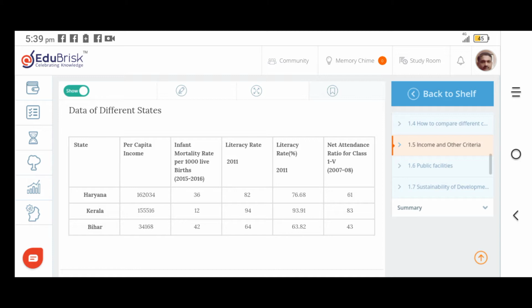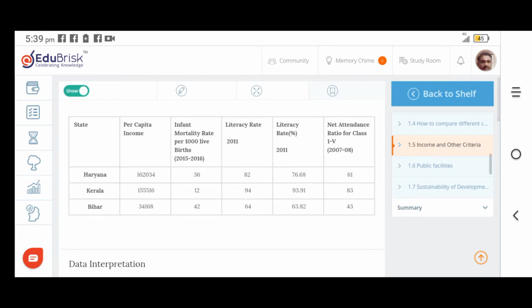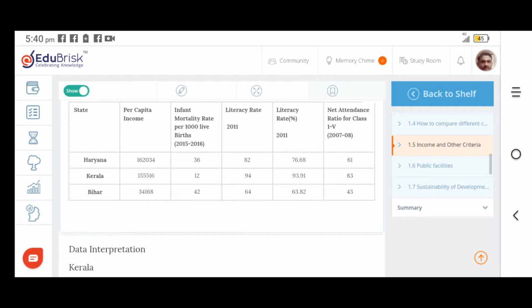When we take the example of Haryana and Bihar compared with Kerala, you can understand a lot of things from this data. First, look at the literacy rate of Kerala, Haryana and Bihar. Kerala 93.91 in the year 2011. Haryana, only 76.68.